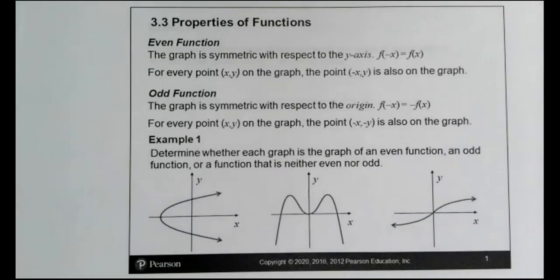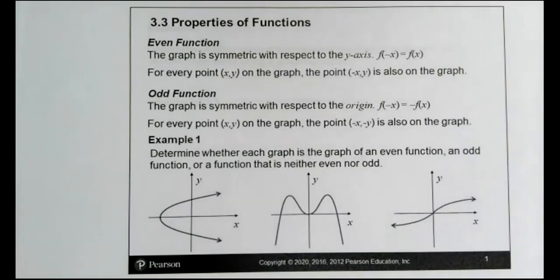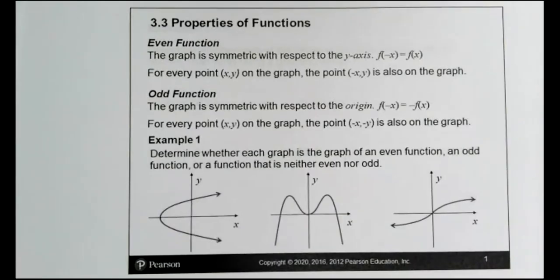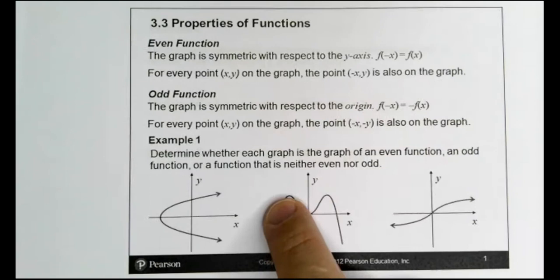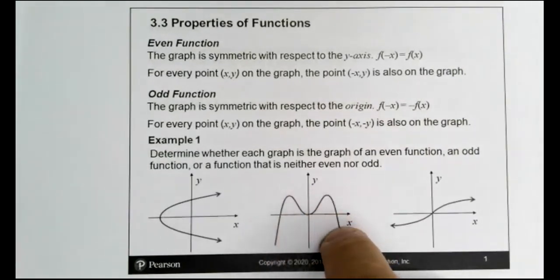So to begin with, we have even functions and odd functions. We have even, odd, or neither. It could be neither. An even function is symmetric with respect to the y-axis. And I know you guys have done this a lot. So respect to the y-axis just means if I fold it along the y-axis, this side will meet or match this side exactly, right?